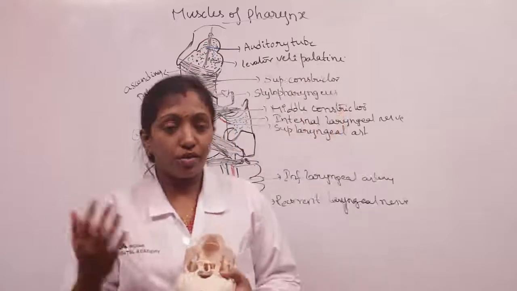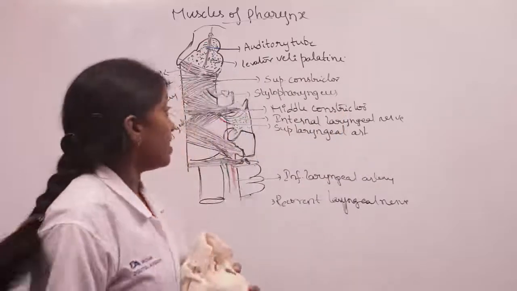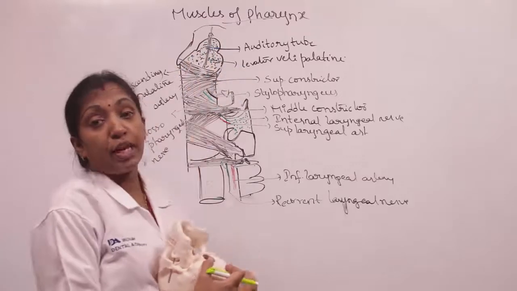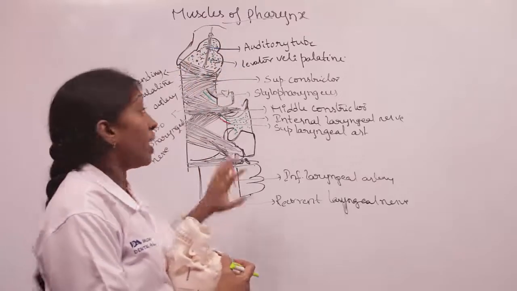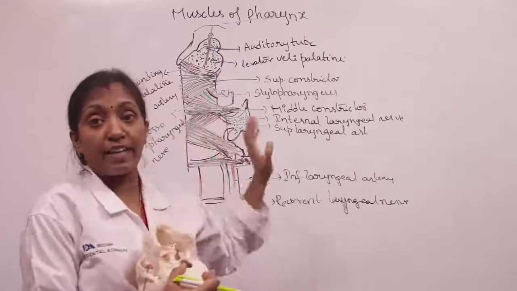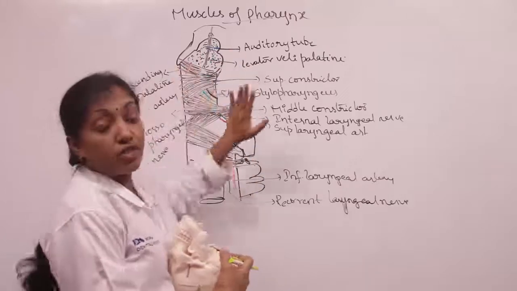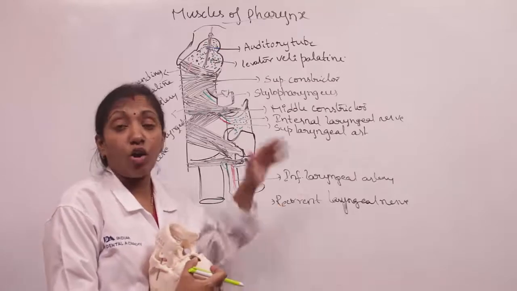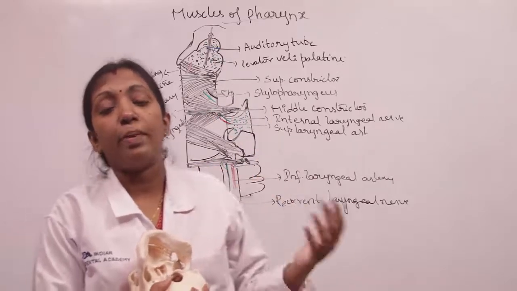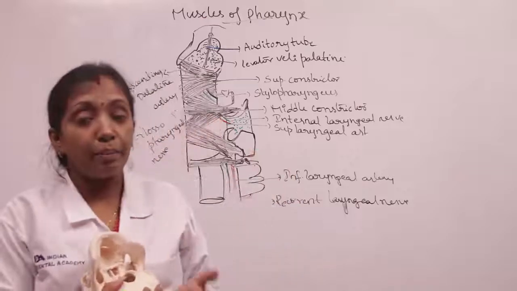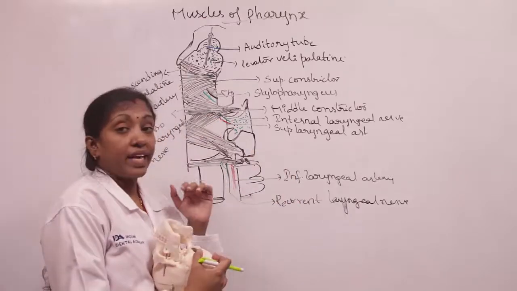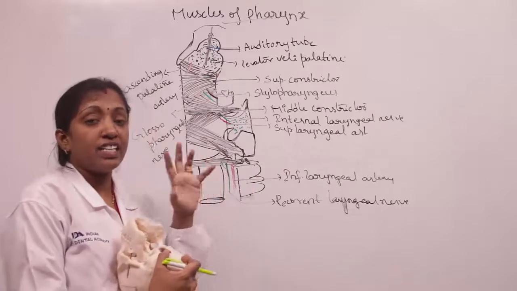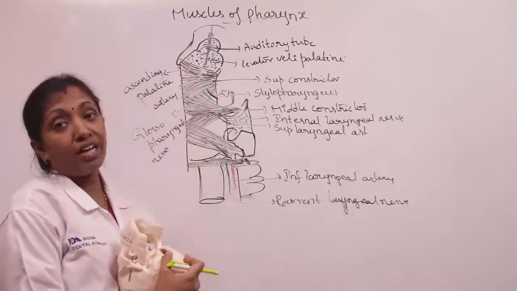Coming to the muscles of the pharynx, the pharynx has an outer muscular coat which is made up of circular muscle fibers and an inner longitudinal coat. In the circular muscle coat of the pharynx, we have the superior constrictor, middle constrictor and inferior constrictor muscles. All three constrictors of the pharynx are covered by a loose areolar tissue, the buccopharyngeal fascia, which extends from the base of the skull, and it is nothing but the epimysium of the muscle.